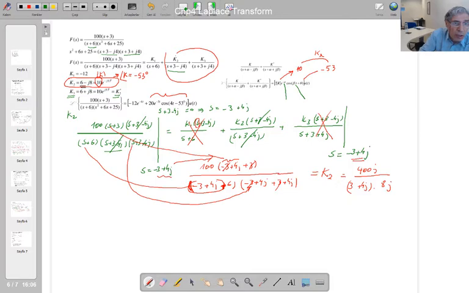This alpha is the characteristic root real part, which is minus 3. The characteristic root is minus 3 plus 4j. So this minus 3 here is the alpha here. That beta is this beta. So beta is 4, is this 4. Let me show it to you.